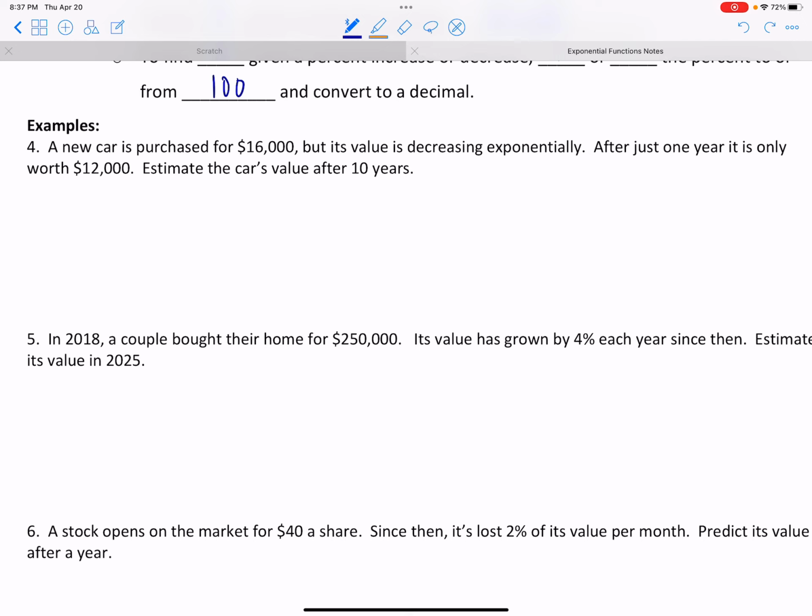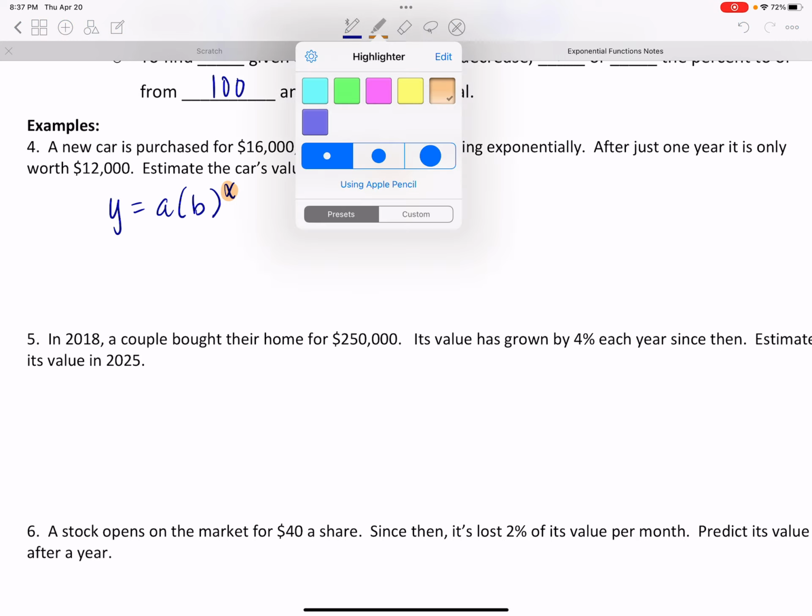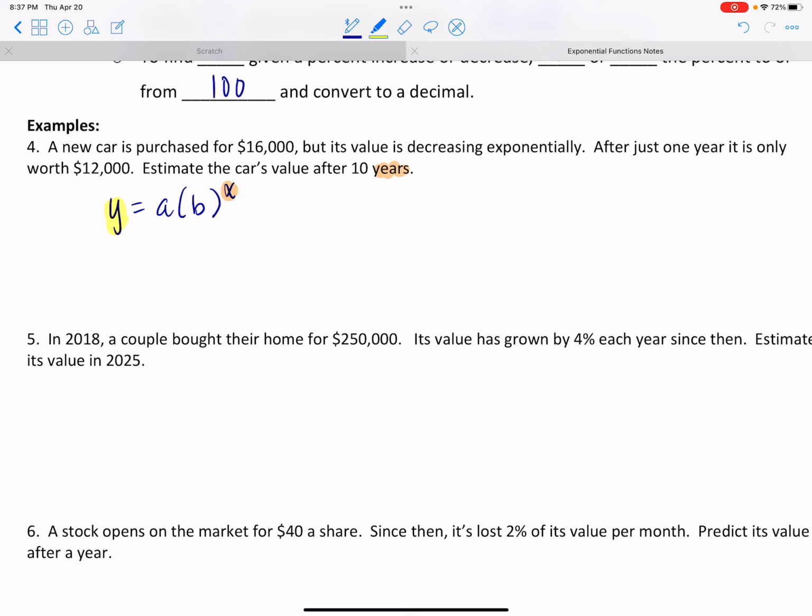So, let's say I wanted to write an exponential function in this form, y equals a times b to the x power. X would be the independent variable here, which would be years. And then y would be the dependent variable, which would be the value. Sorry, I was looking for the word. There it is.